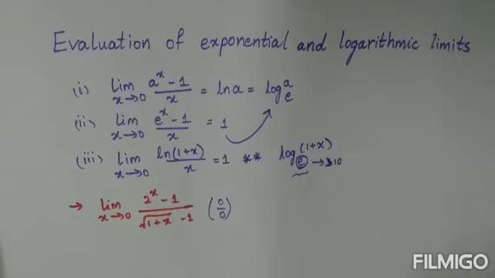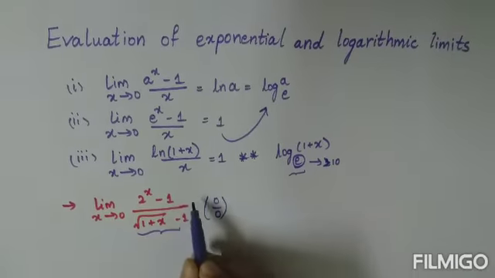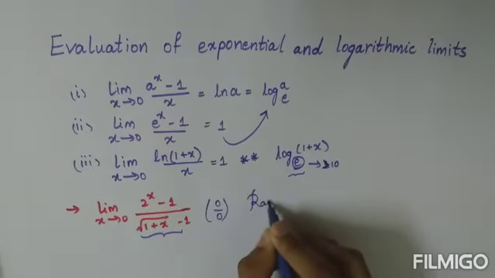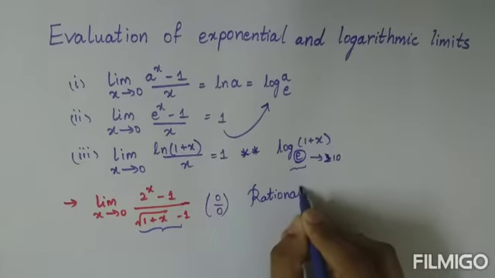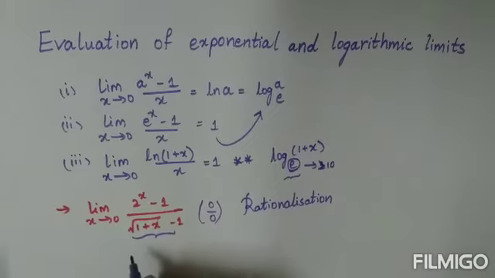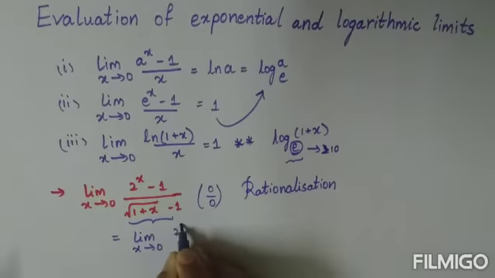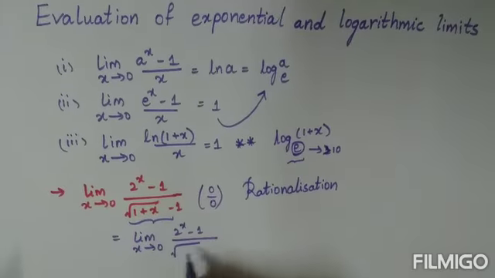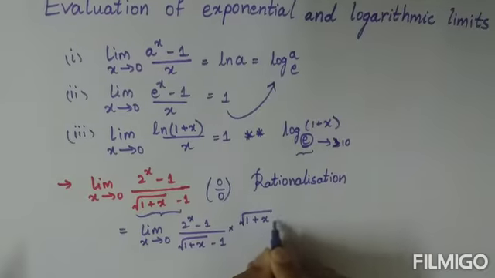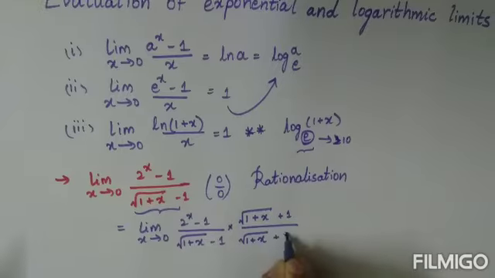We have seen in the previous sections that whenever we find square roots in the numerator or denominator or both, we have to use rationalization. Did you remember? So here we do the same for the denominator first. We get limit x tends to 0, 2 power x minus 1 by square root of 1 plus x minus 1, into square root of 1 plus x plus 1 by square root of 1 plus x plus 1.